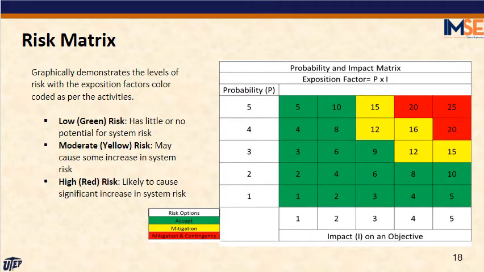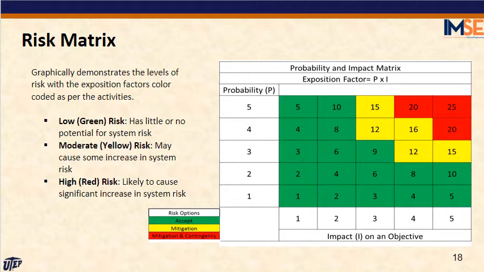The next one is the risk matrix. This matrix demonstrates the level of risk with the exposition factor color code by activity. The lower impact is the green, and we can accept that risk. Maybe a mitigation plan is not necessary.